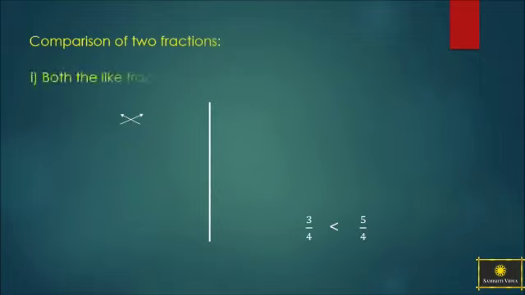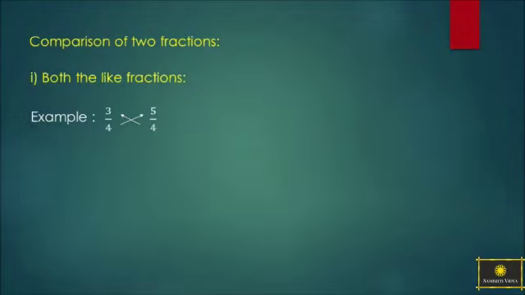If both are like fractions, for example 3 divided by 4 and 5 divided by 4, as you have learned, if both the denominators are the same, the fractions are like fractions. Now, to compare the like fractions, we need to cross multiply.